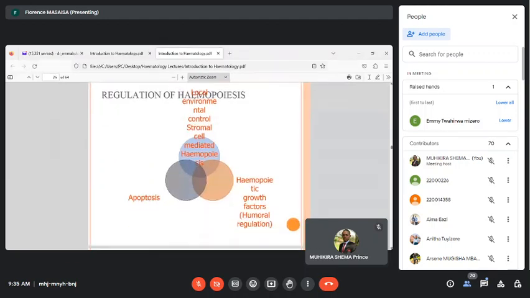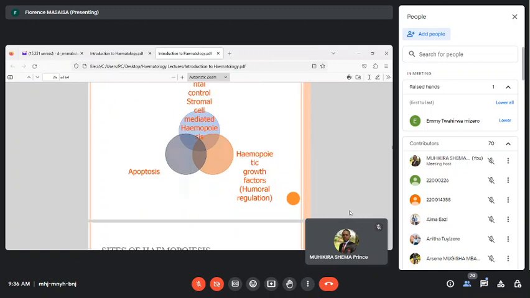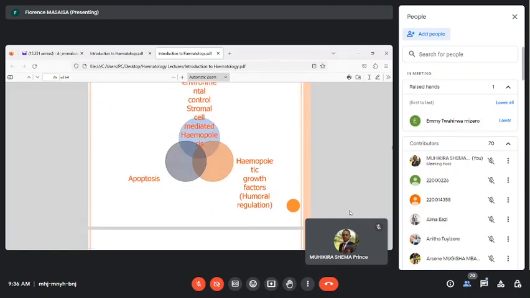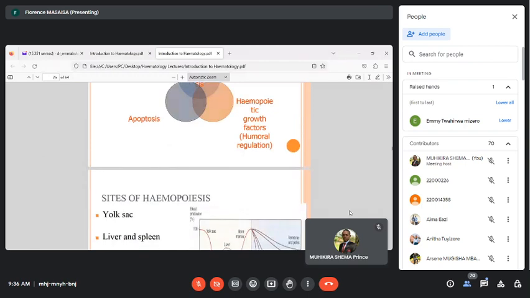So we have this image here showing how local environment, cell control, hematopoietic growth factors, and apoptosis are the three factors which have to be stabilized and work together to maintain good hematopoiesis.